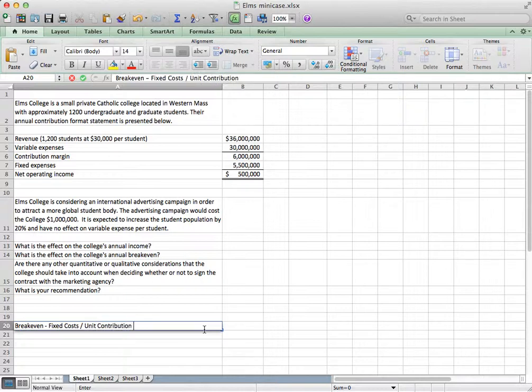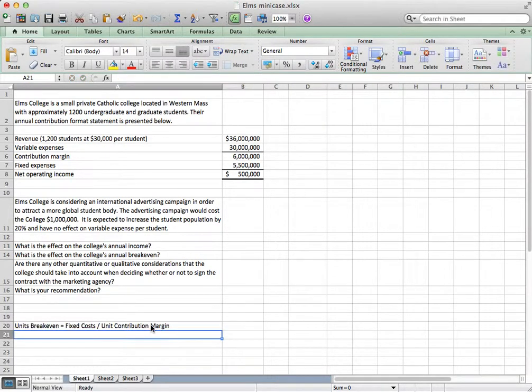And that'll give you unit break-even. So break-even in units equals fixed costs divided by unit contribution margin. And unit contribution margin we know is going to be our unit revenues minus our unit variable expenses.